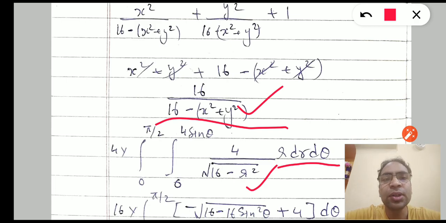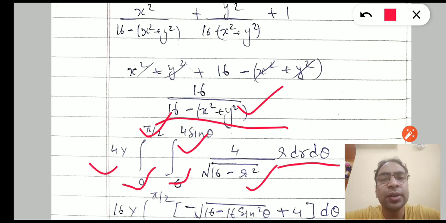And now the limits. The lower limit will remain 0 and the upper limit will be 4 sine theta, since y is equal to r sine theta, and r is 4 in our case. And in the first quadrant, theta will move from 0 to pi by 2. Again, to find out the surface area, we need to multiply this by 4.